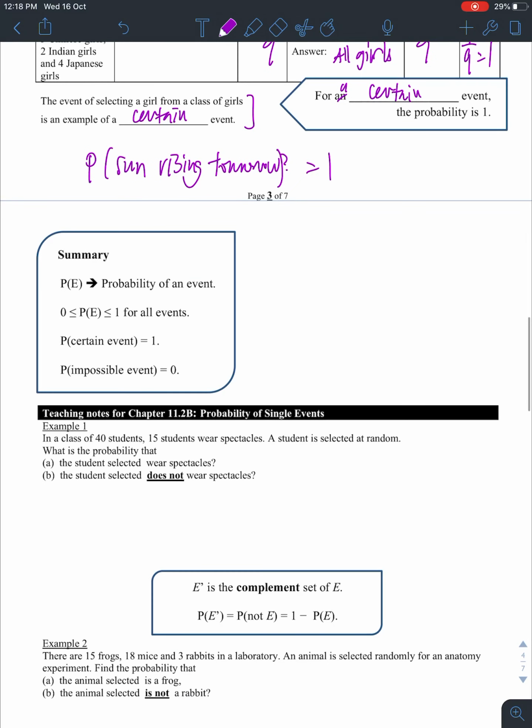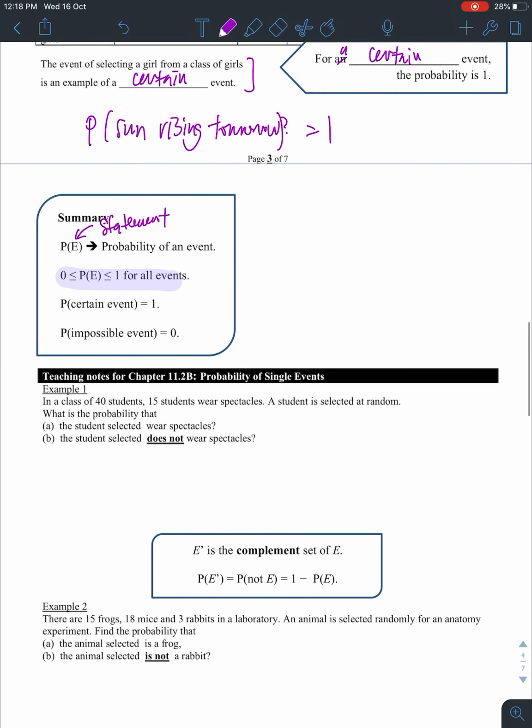So in summary, we denote P(E) to be the probability of an event, and this is important as a statement before you present your answers, right? And we realize that for the topic of probability, the probability of an event must be between 0 and 1 for all events, right?